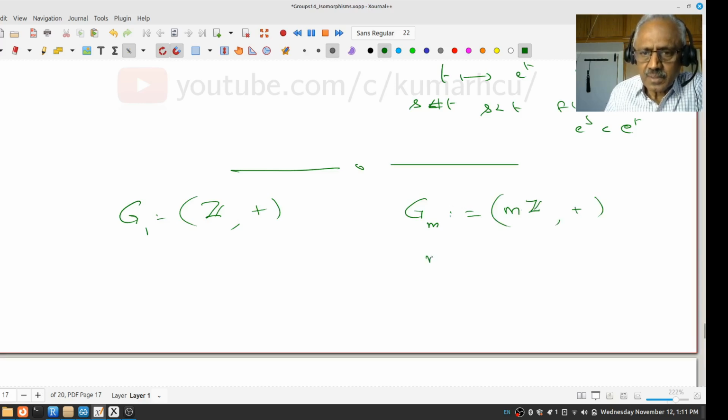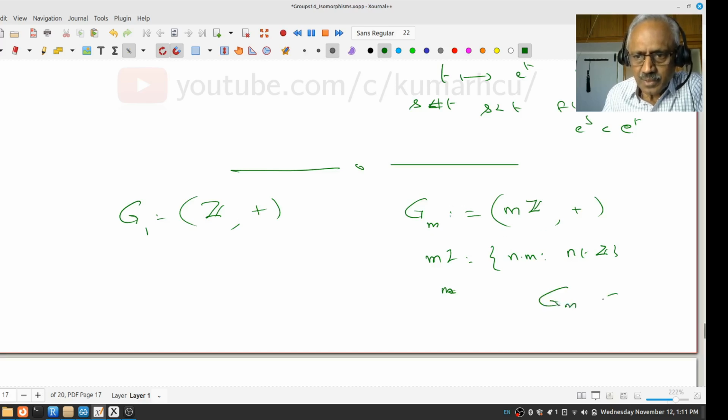Therefore, this is n times m as n varies over Z. If I take two elements, we know it's a subgroup, in particular it's a group. You understand this? Now you can see Gm is strictly a proper subset of G1.